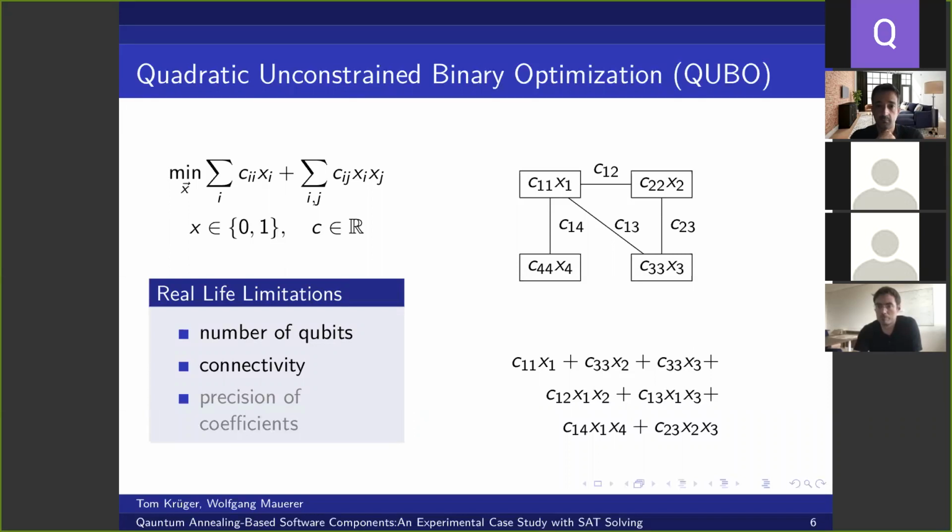If you just want to reduce a problem to this QUBO function, this is something I think most computer scientists should be more or less familiar with and have experience with. It is also very similar to using, let's say, a simulated annealing solver, where you also have a target function and have to reduce your problem to the target function. So that is not that hard, I think, for someone without much quantum knowledge.